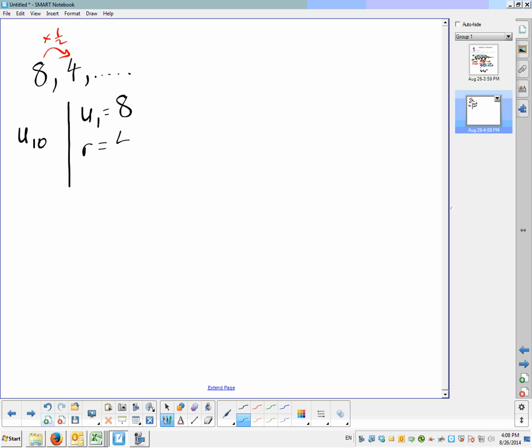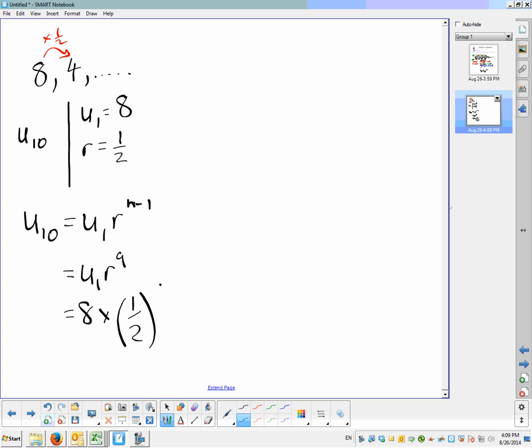So the ratio each time is a half. And if I want to find U10, I'll just plug it into the formula: U1 times R to the 9, which is 8 multiplied by a half to the power of 9. You should all know that a half to the power of 9 is 1 over 512, and 8 times 1 over 512 is the same as 1 over 64.